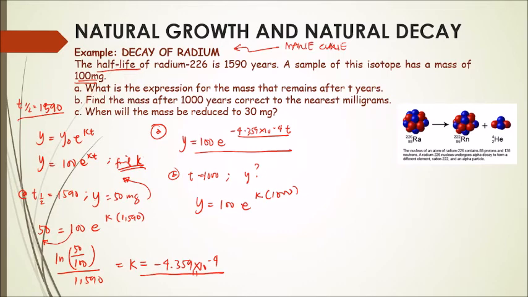So, k times 1,000 equals, then e to this answer, that is 0.646655, times 100.